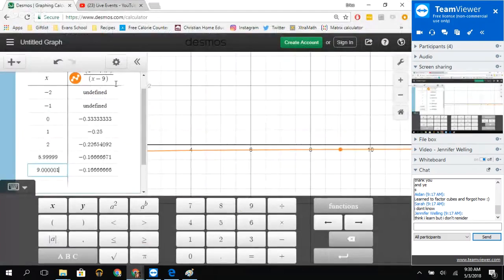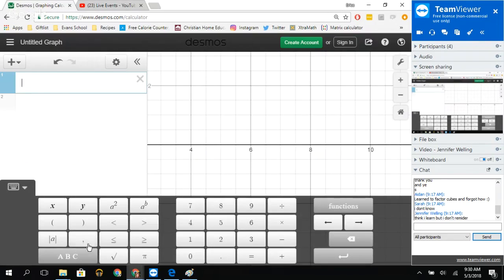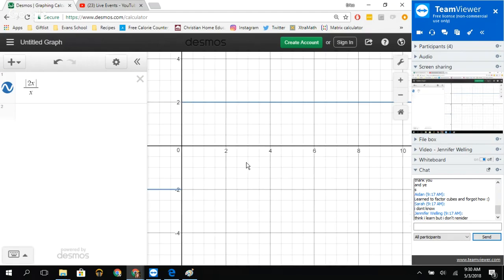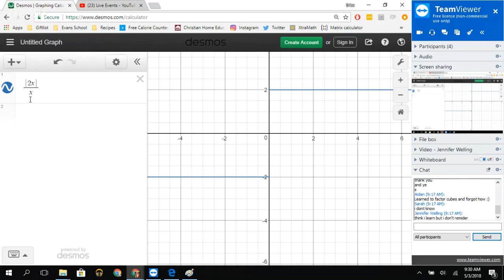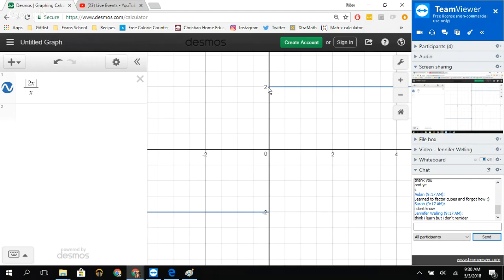If I go into Desmos and give you the function absolute value of 2x divided by x, and I want to know what the limit is as this function approaches 0: as it approaches 0 from the left-hand side, the limit would be -2, but from the right-hand side, it's +2.